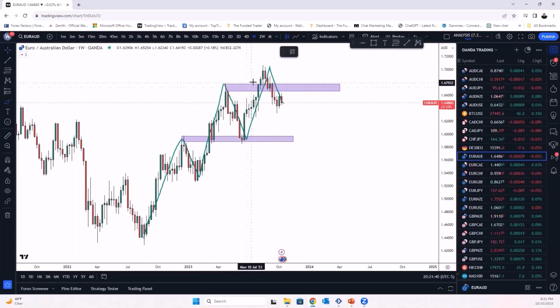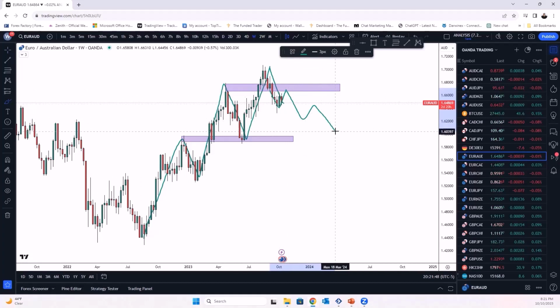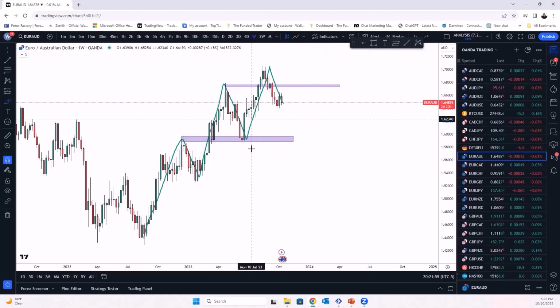So now that it's broken it, it can now come up and use that as resistance to come down. Right. And so that's the way that we can predict price action just based on support and resistance alone.